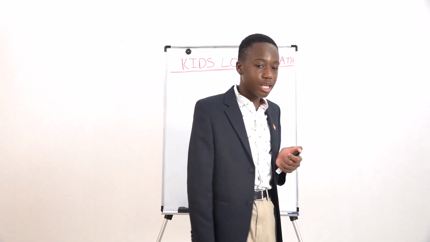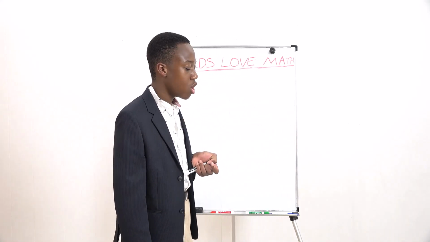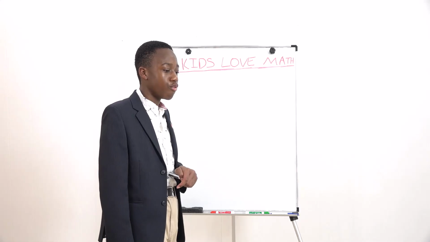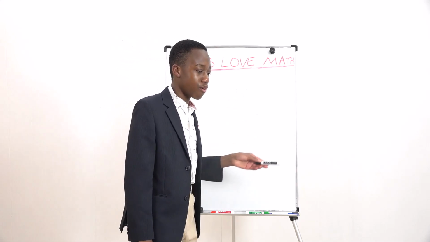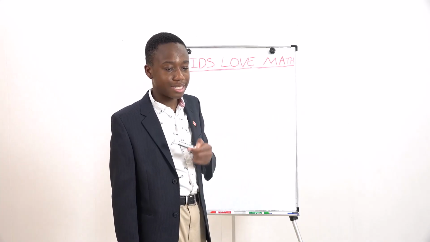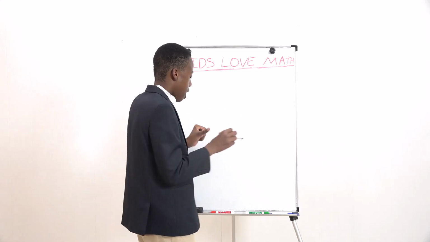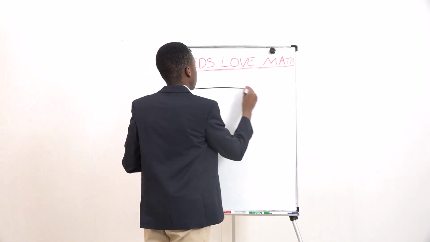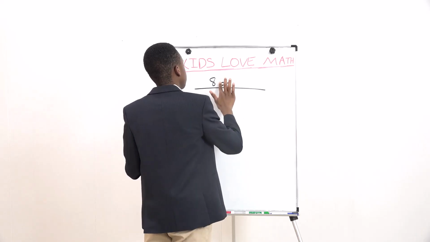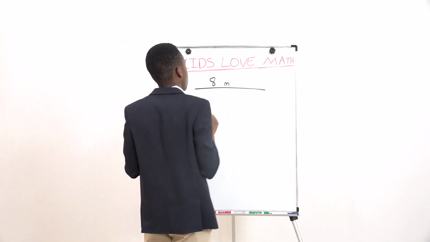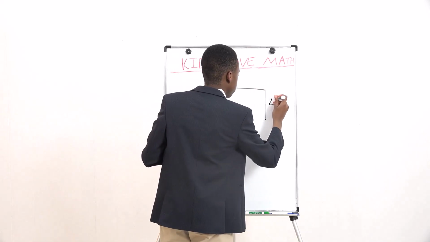If he needs to calculate the total area, what is the area for how much space is inside? So we should know that the length was 8 meters. And then here, it's 4 meters.